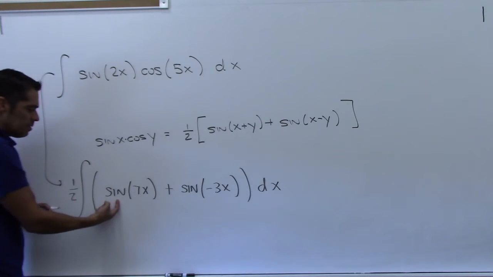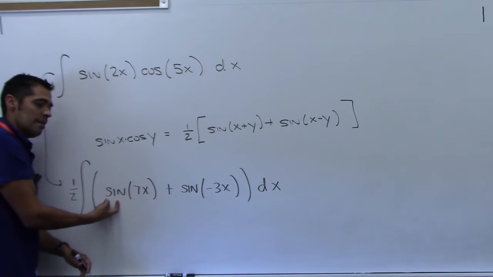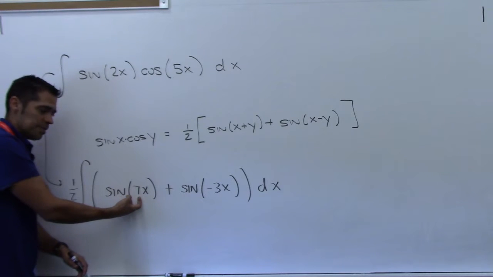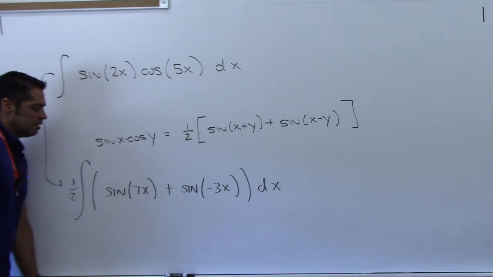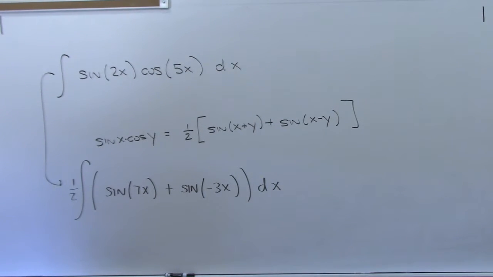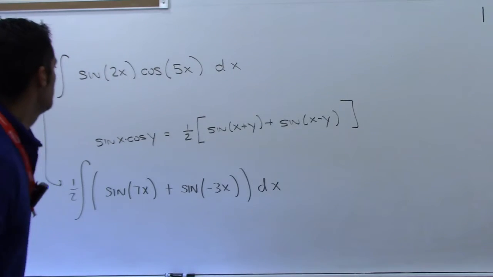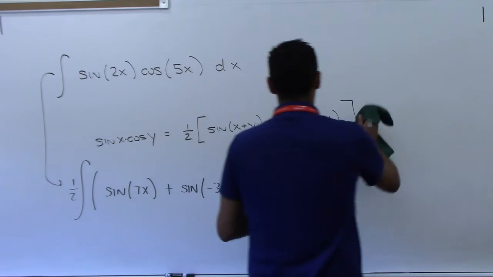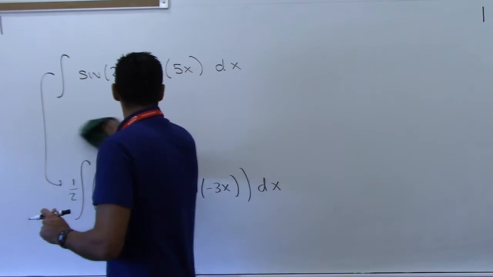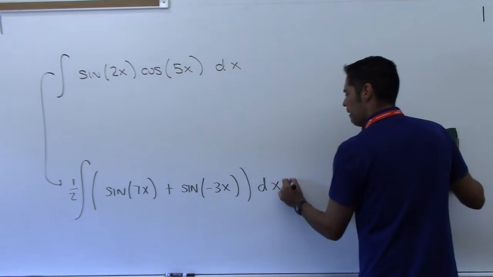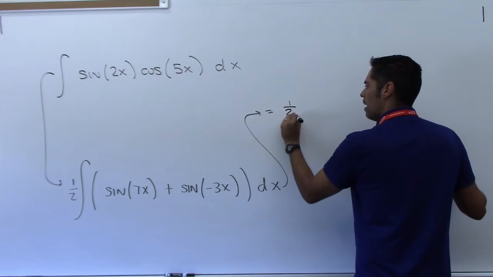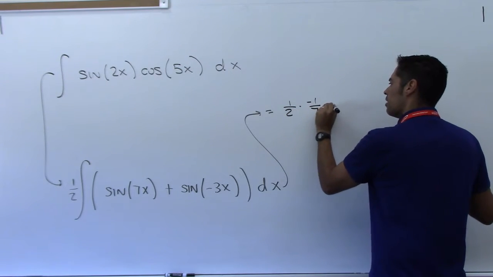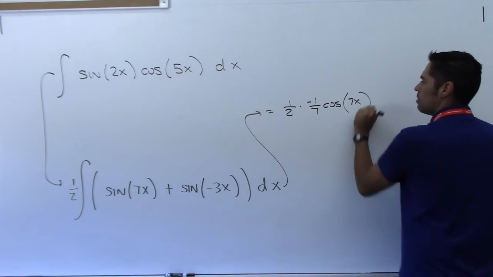The antiderivative of sine is negative cosine, but then you have to scale by the a, then you have to hit it with the 1/2. So negative 1/14 cosine 7x. I'm going to erase this. All right, are y'all following this? So this is 1/2 times negative 1/7 cosine 7x.